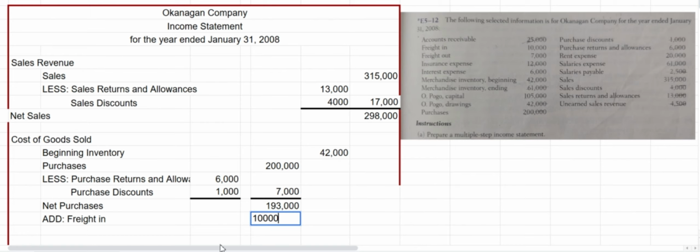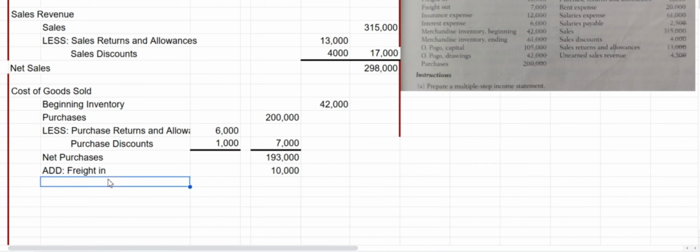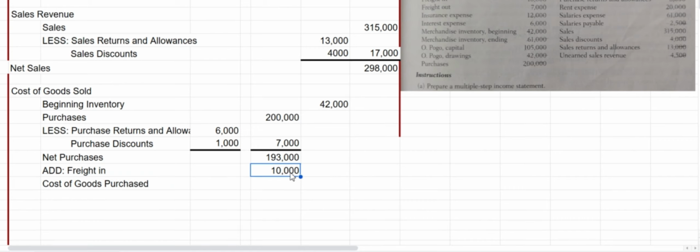And now we can calculate the cost of goods purchased, which is essentially net purchases plus freight in. So that's everything you bought, basically. And we're going to put that in the next column.